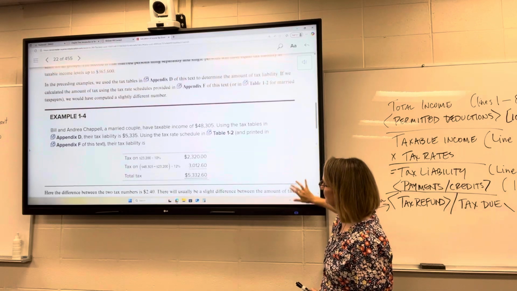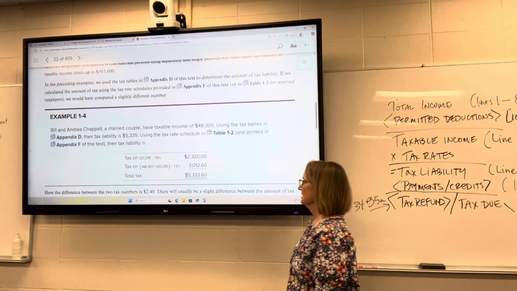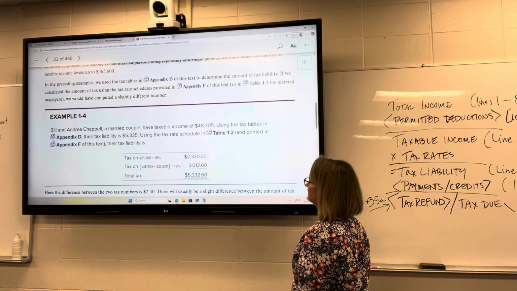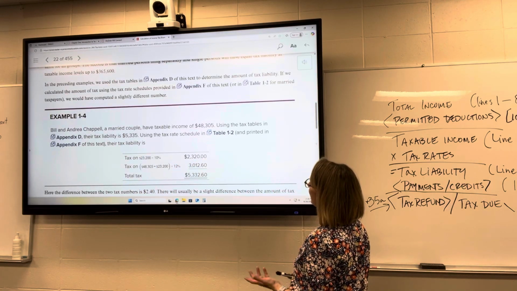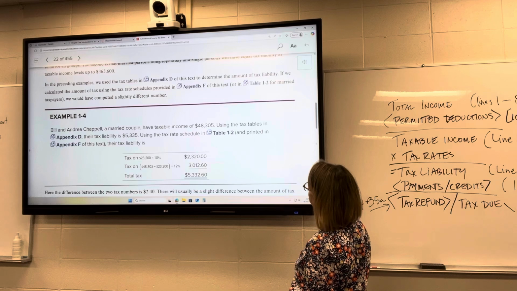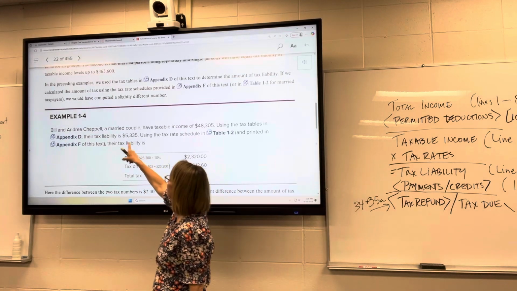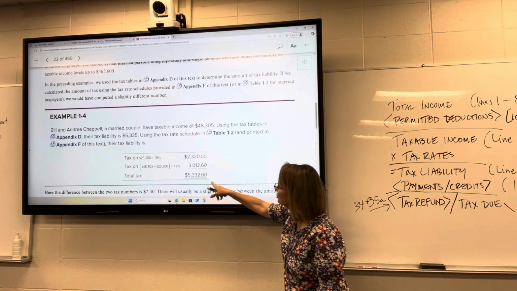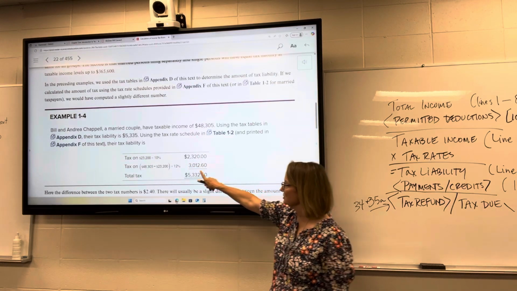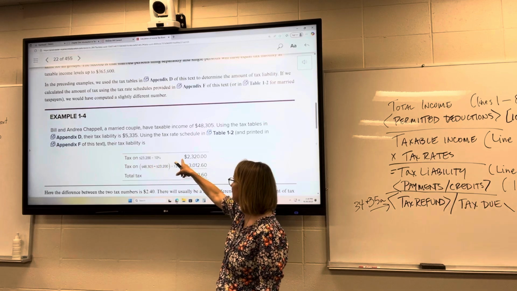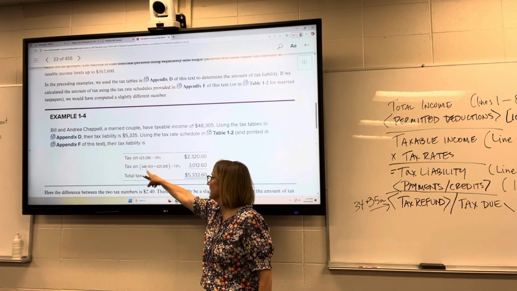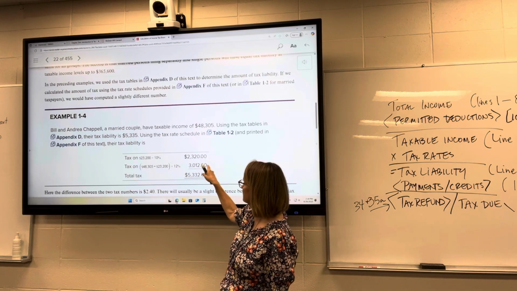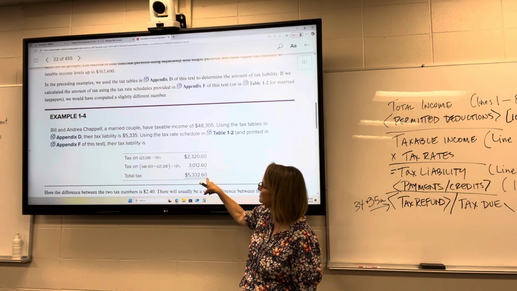Okay, so here's an example of which we did this. This is the method that we did before. So we got Bill and Andrea, married, taxable income $48,305. If we were to use the tax tables, their tax liability is $5,335. If we do the calculation, though, the calculation that we did before, so that first bucket at 10%, and then the next bucket at 12%, that's the tax, so their total tax is $5,332.60.